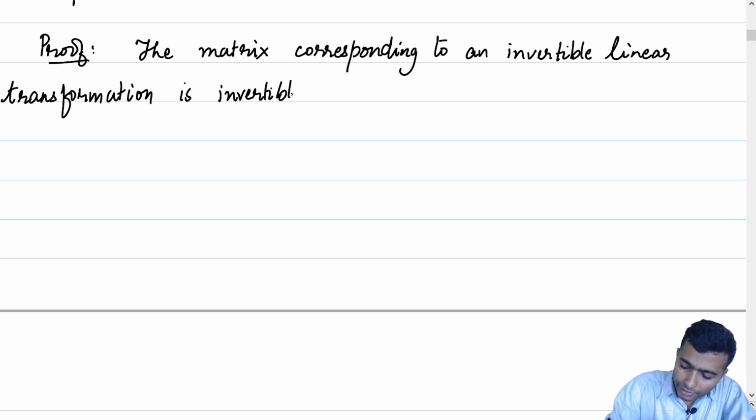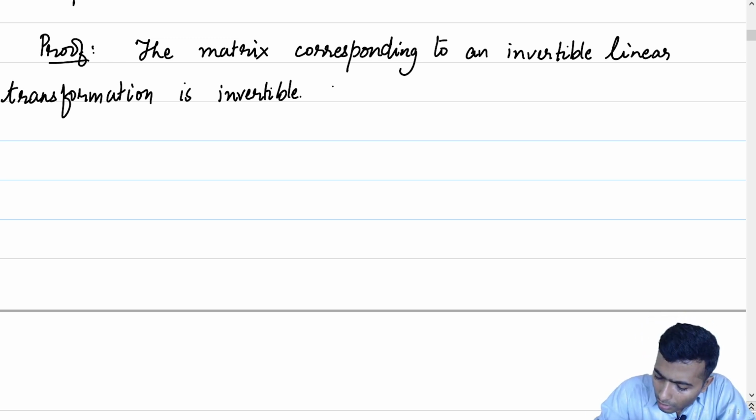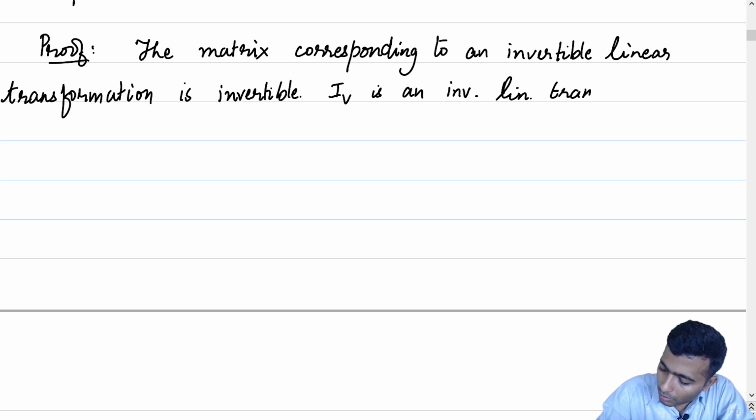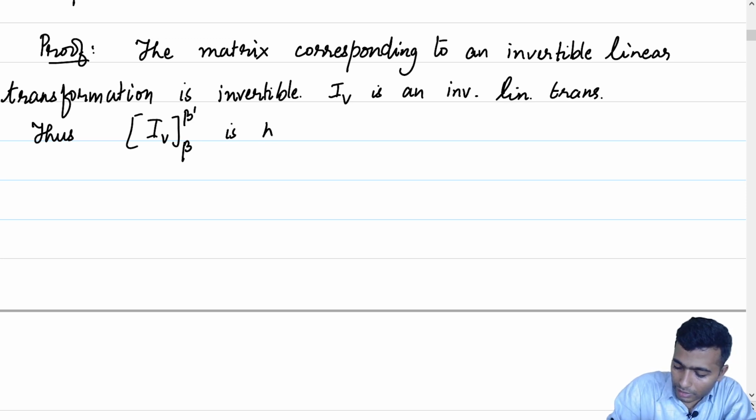You fix any two bases, and if you look at the matrix of an invertible linear transformation, we have proved that it is invertible. And identity is an invertible linear transformation, and thus IV from beta to beta prime is hence an invertible matrix.